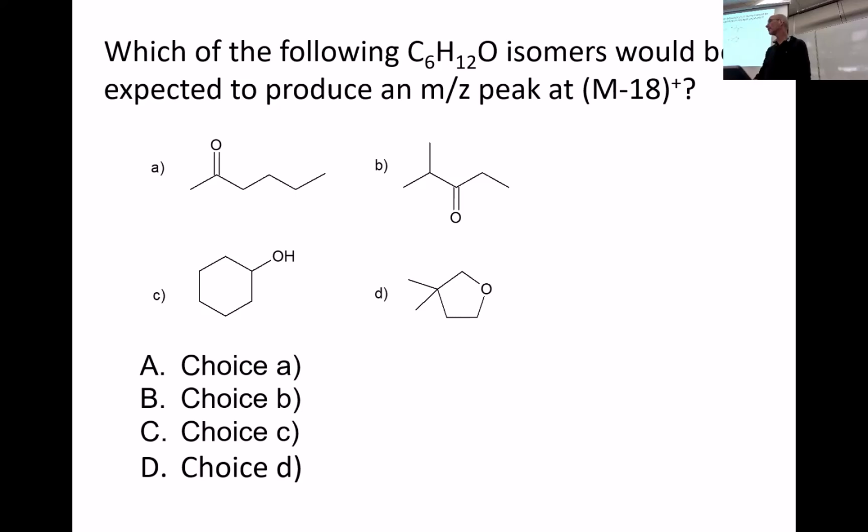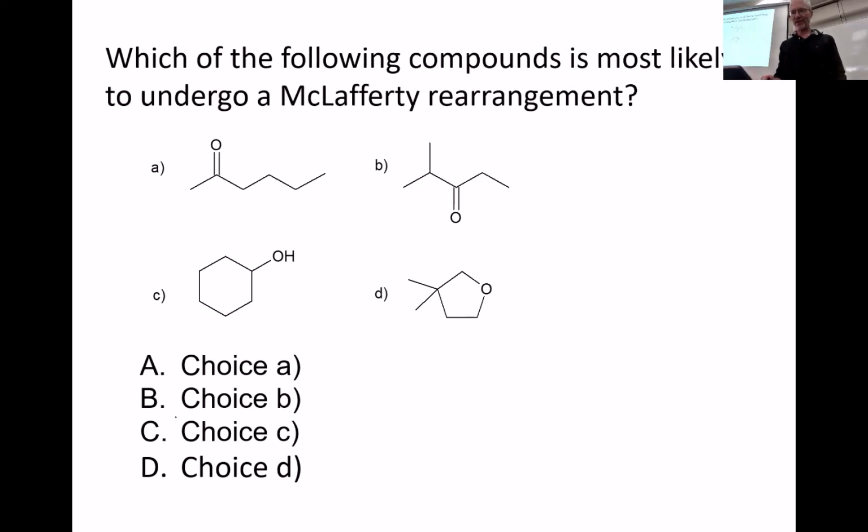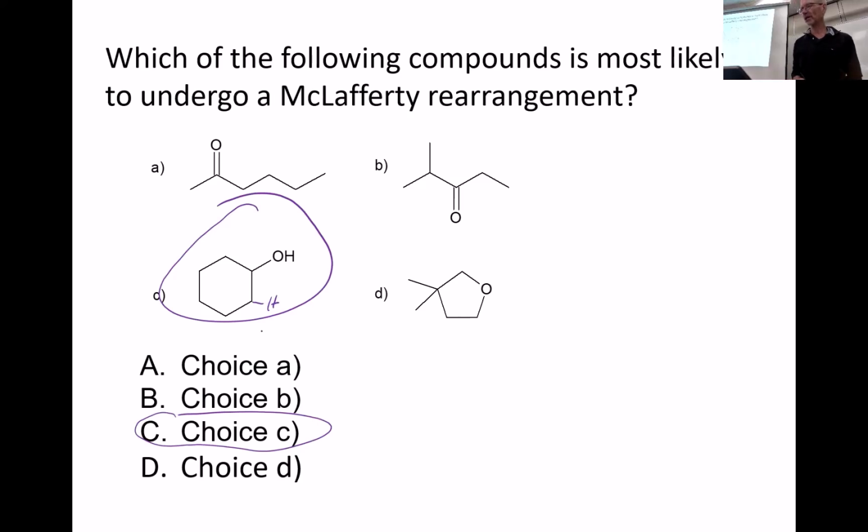Well, you might look for the M-18 peak. I kind of gave it away there. But most of you were already looking that way. So in the interest of time, I will indicate that most of you are saying it's likely choice C, because there is a hydrogen next door, so a water molecule could be lost.